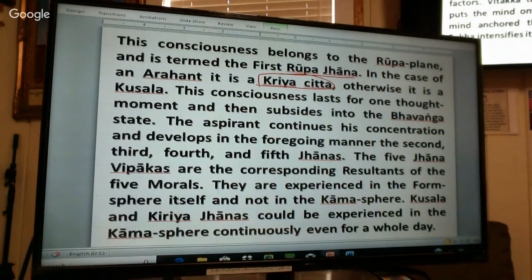Can somebody stay with the first jhana even during daily life? Oh no, it's not possible, because the nature of jhana is that it takes the Pratibhaga nimitta as its object.